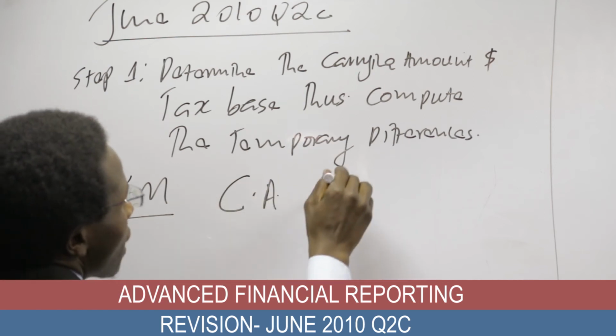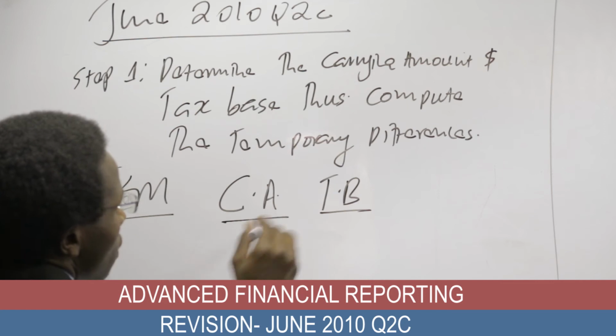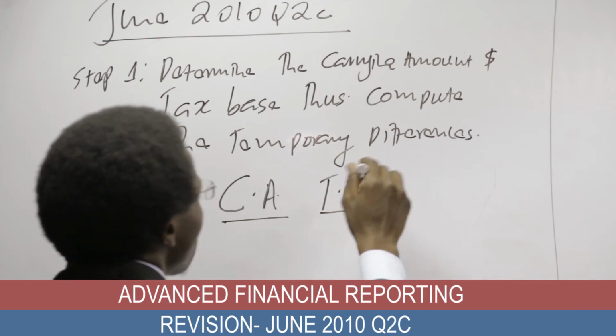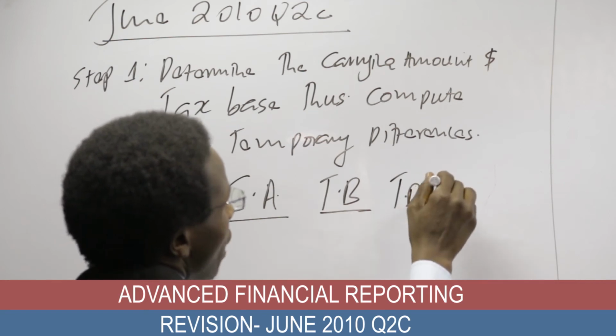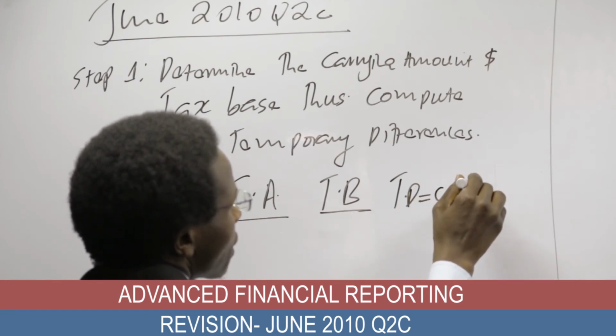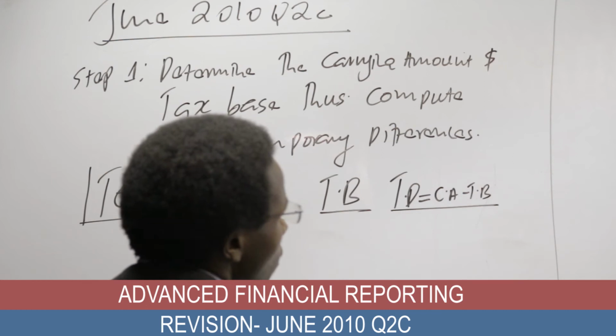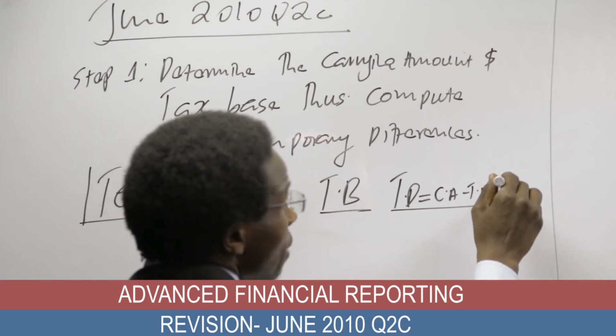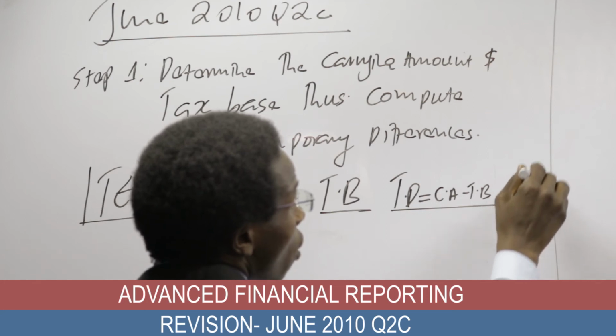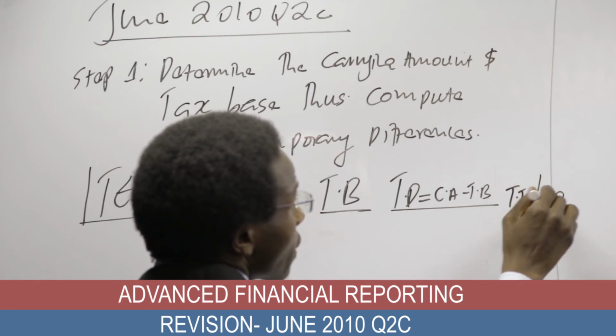I'll have the tax base. I'll talk about the temporal difference. Remember, friends, it is equal to carrying amount minus the tax base. We can also identify whether it's a taxable temporal difference or a deductible temporal difference.